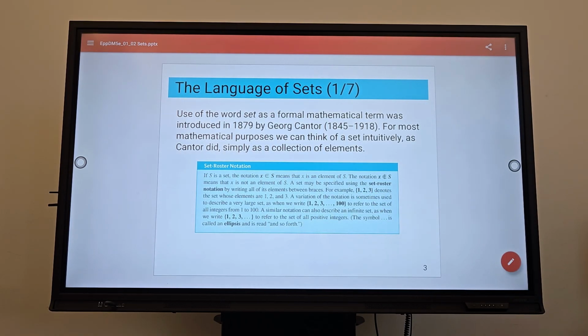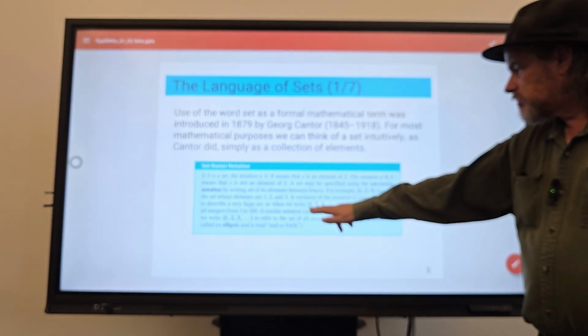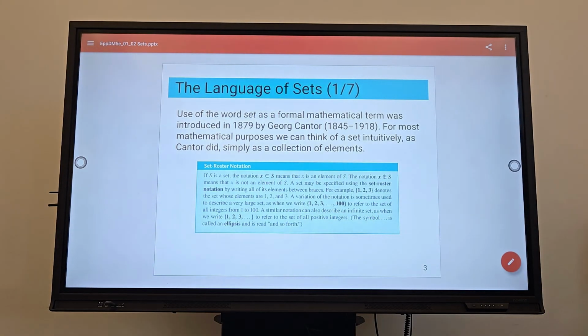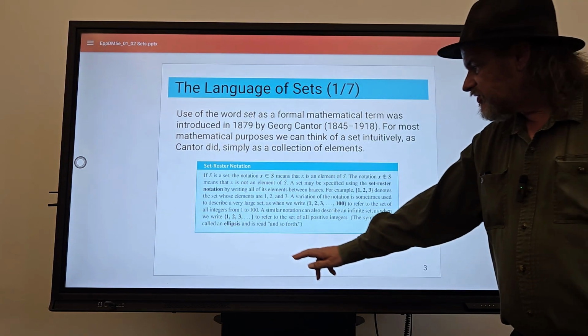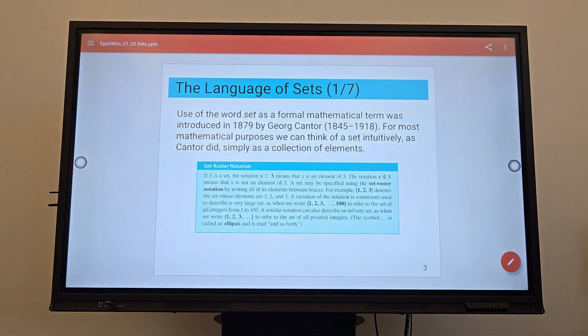With a large set, you could use an ellipsis to show a range, or you can have an infinite set with an ellipsis before or after the numbers in the set roster notation.